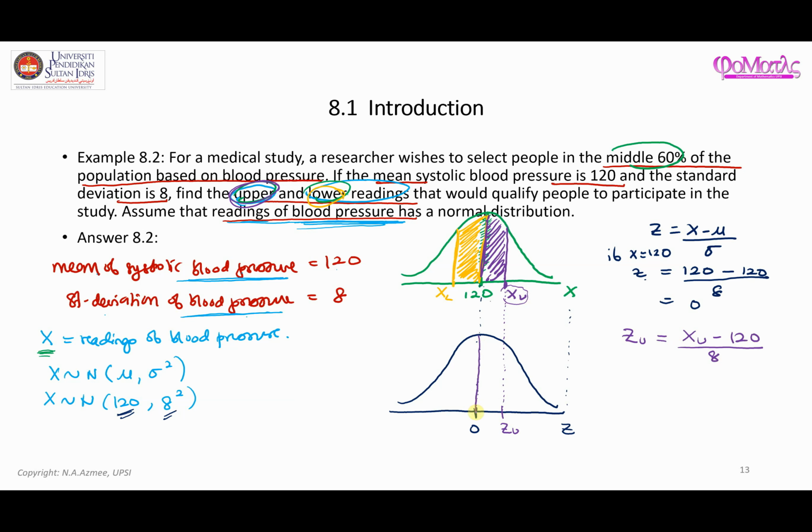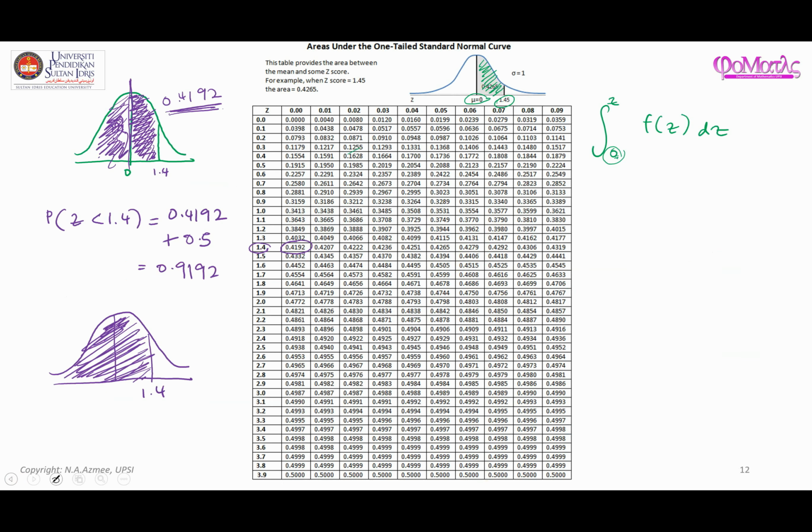I know the area from 0 to ZU. I know this area, and the area is 0.3 or 30%. I can use this table because this table has the same shaded area as what we would like to find.